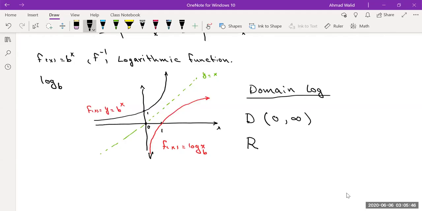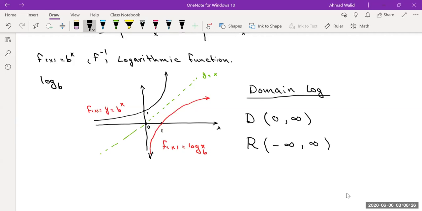This part of the graph is going down and this part is going up and up. It's growing, but with logarithm the growth is really slow. Some students ask where it turns, whether it never goes to infinity. No, it goes to infinity, but very slowly. Then the range of the logarithmic function is from negative infinity to positive infinity.